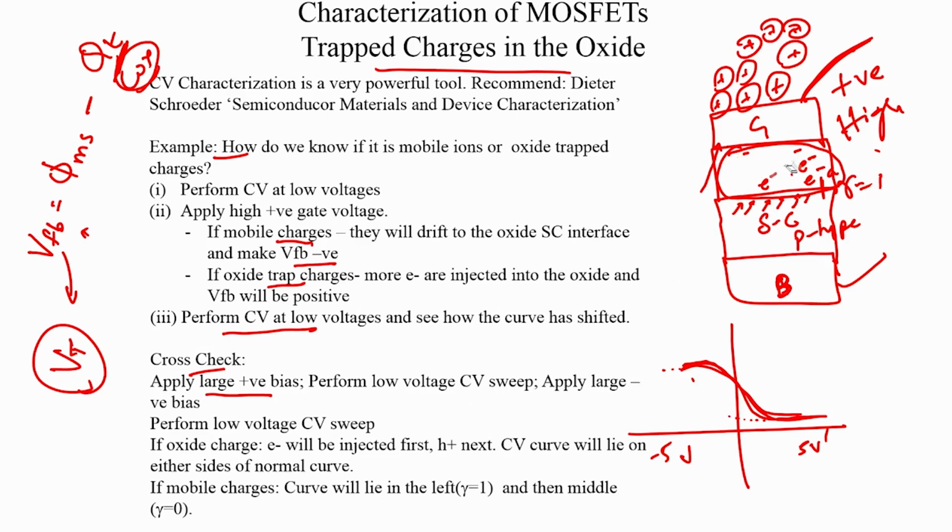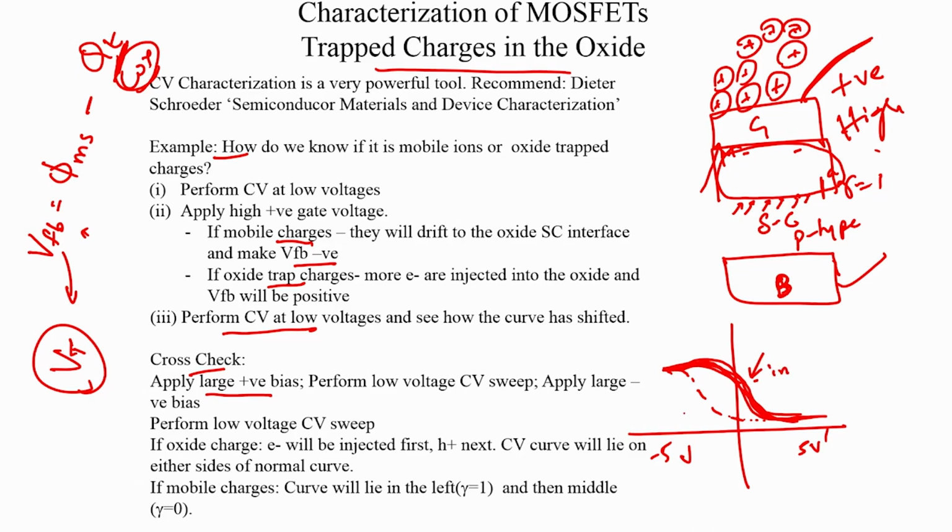If it is mobile ions, they will all start drifting to the gate insulator interface if you apply a very large negative bias, and when you do the measurement again, the curve would have shifted back to where it was. So, this is the mean position, that is without insulator trap charges.